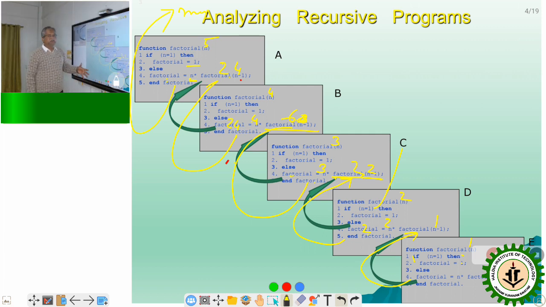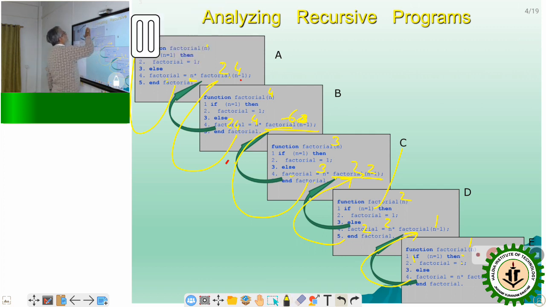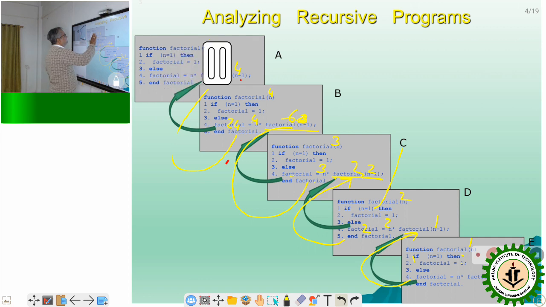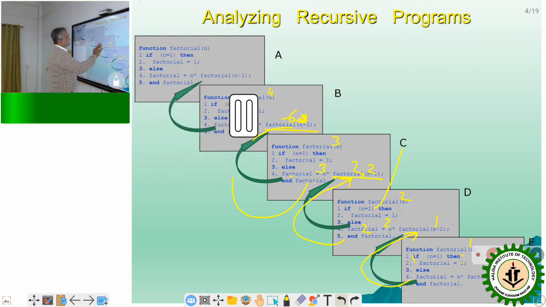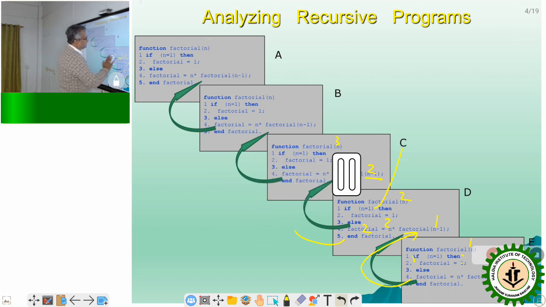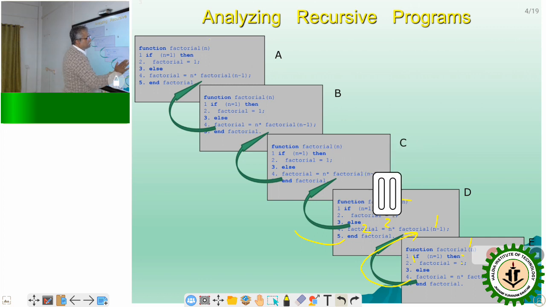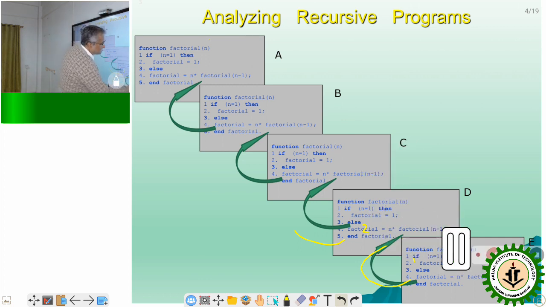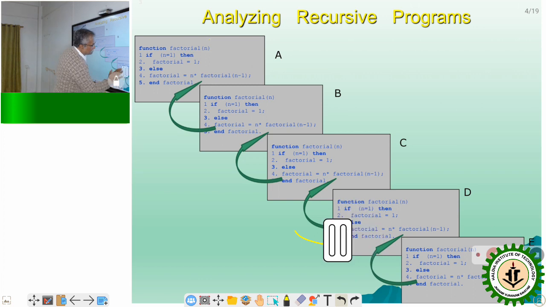And our target is to find out the time complexity. Now we move on to the time complexity part as well. This is the basic understanding of the recursive algorithm, recursive program. Now actually a recursive program can be dealt with in 3 ways to find out the time complexity.